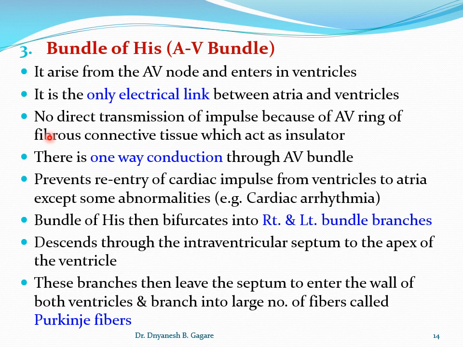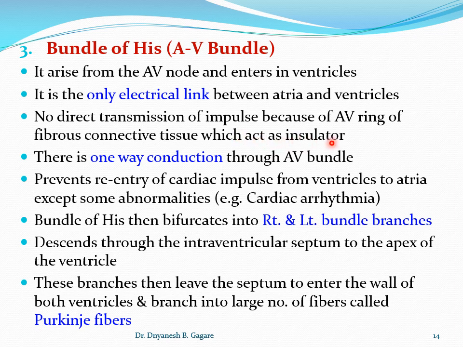Okay, so no direct transmission of the impulse. And why is there no direct transmission of the impulse? Because the atria and ventricle are separated by a ring, and that is called the atrioventricular ring. This ring is made up of fibrous connective tissue, and it acts as an insulator.